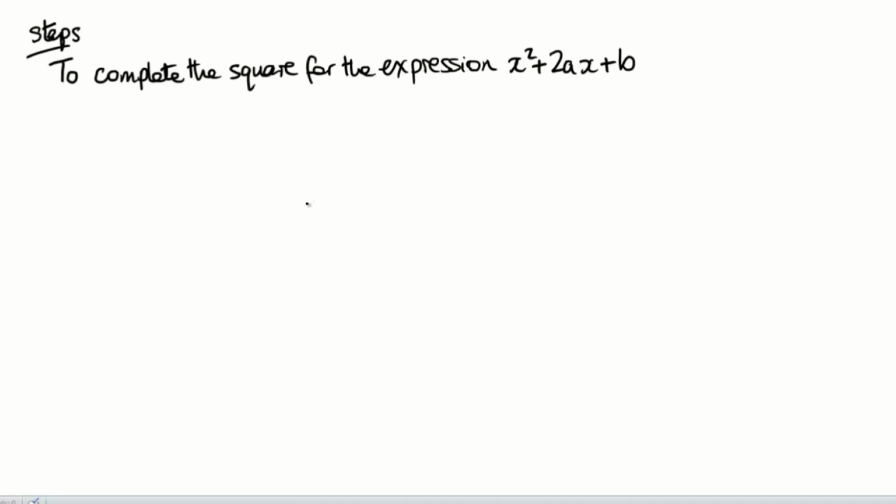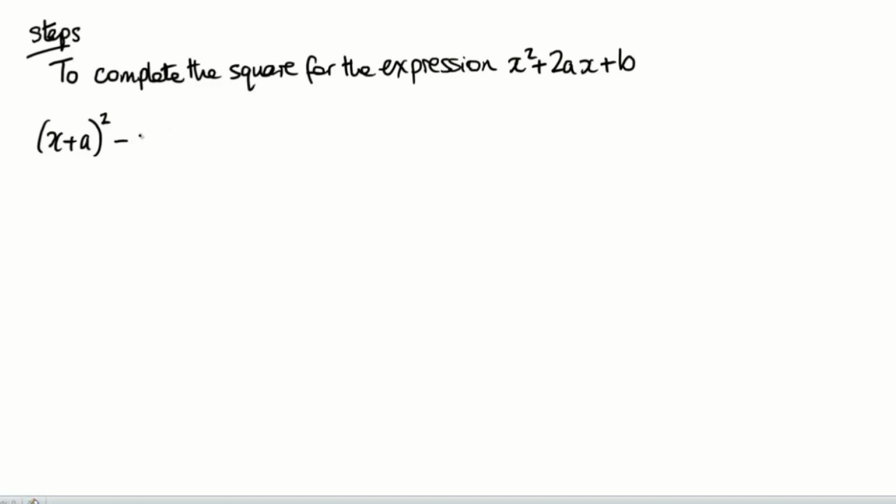To complete the square for the expression x squared plus 2ax plus b, we first of all write down x plus a and square it, where the a here is half the coefficient of x in the original expression.